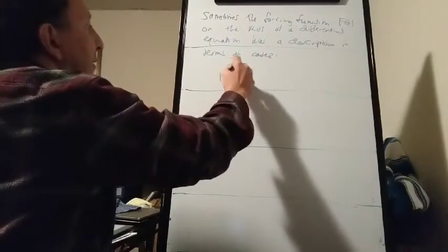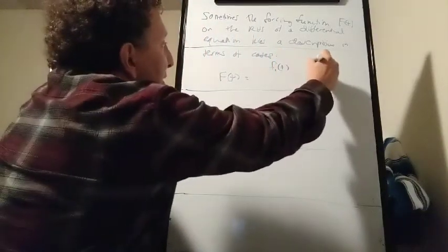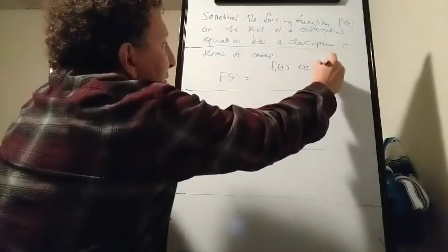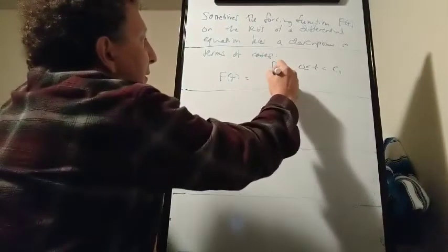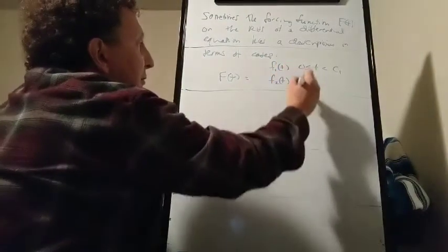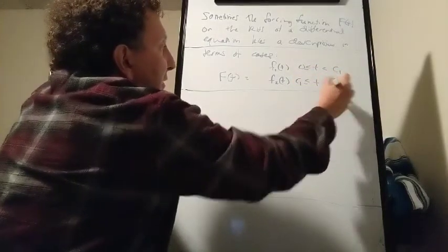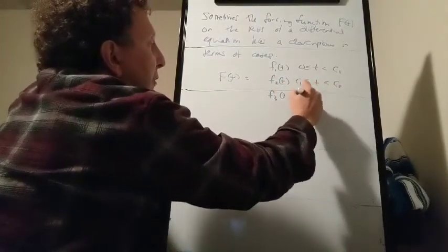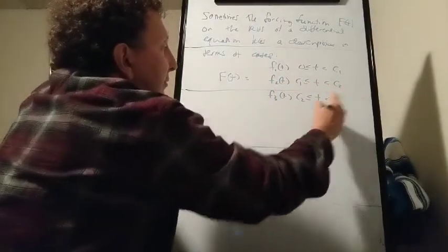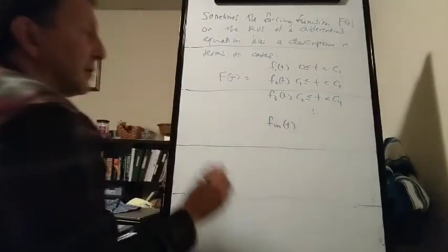So we have something like f of t equals some function f1 of t when t is between 0 and, let's say, some number c1, and it's f2 of t when t is between c1 and some other number c2, and it's f3 of t when t is between c2 and c3, and maybe it has m different versions on different intervals.